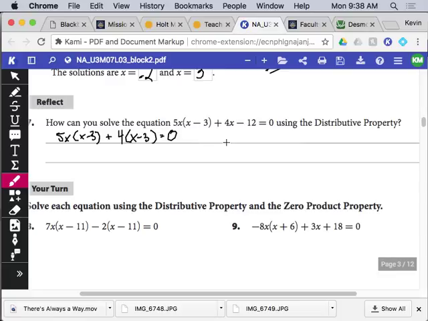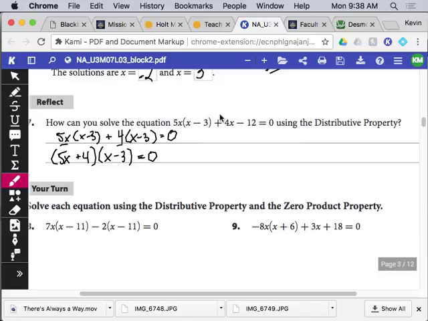And now that I have this similar term, x minus 3, I can group them: 5x plus 4 times x minus 3 equals 0.